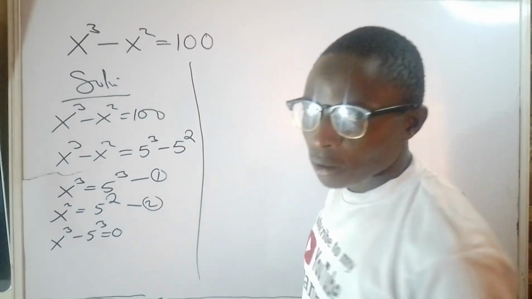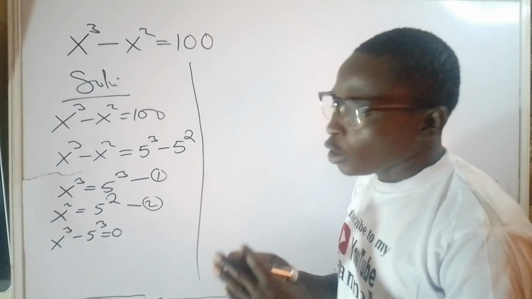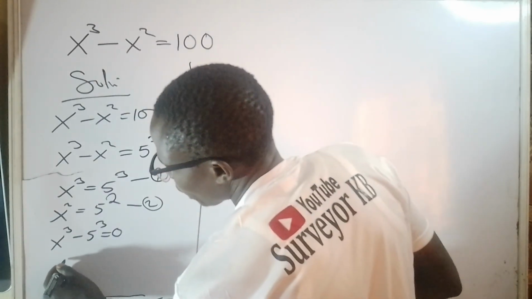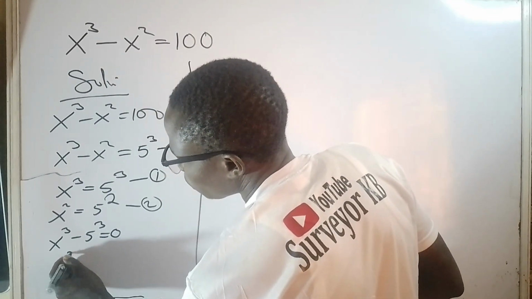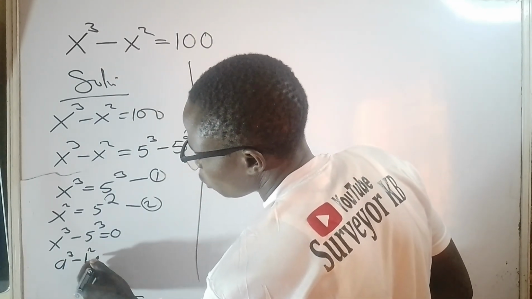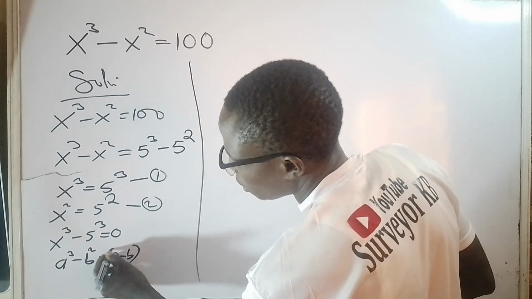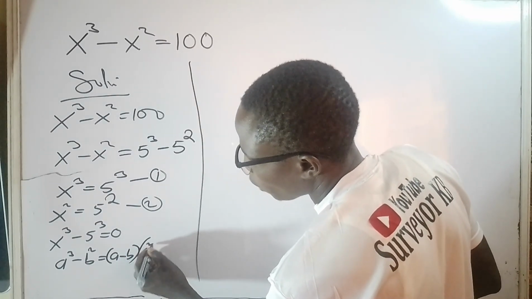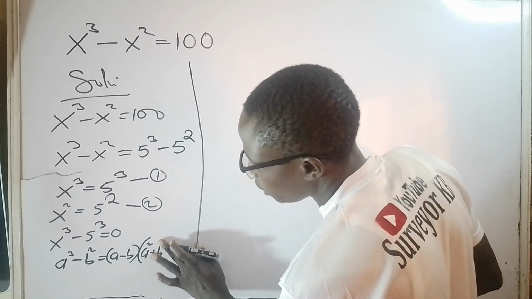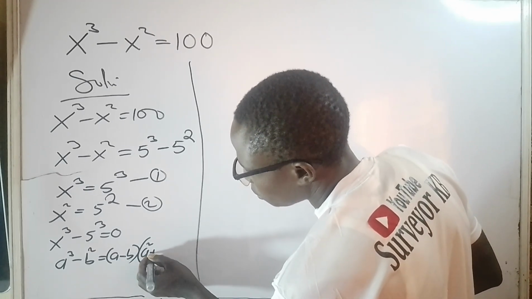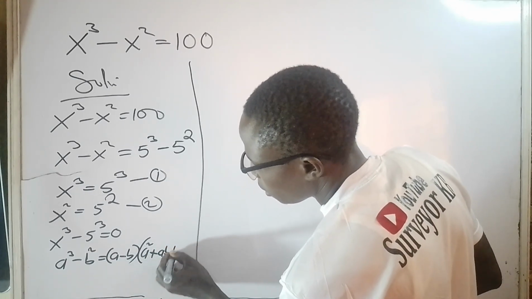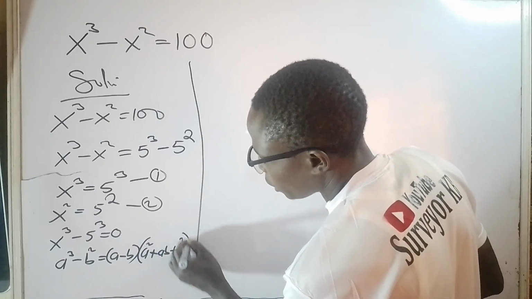So I can comfortably use the law that says whenever I have a cubed minus b cubed, the answer is a minus b multiplying a squared plus ab plus b squared.